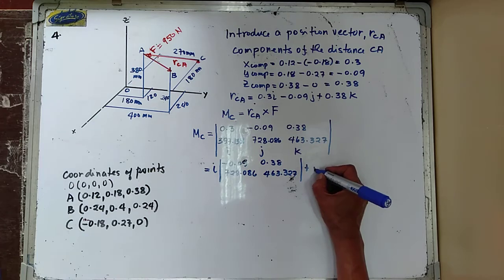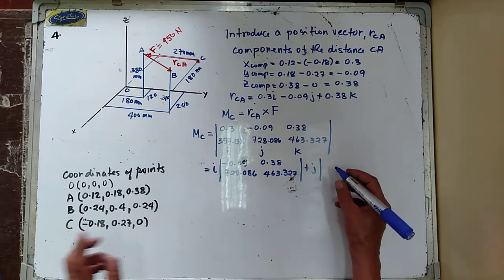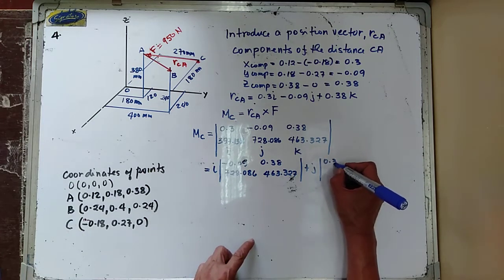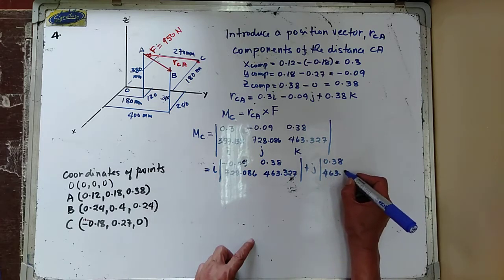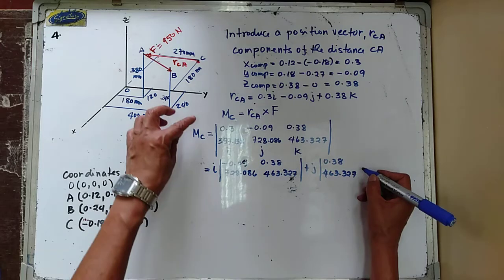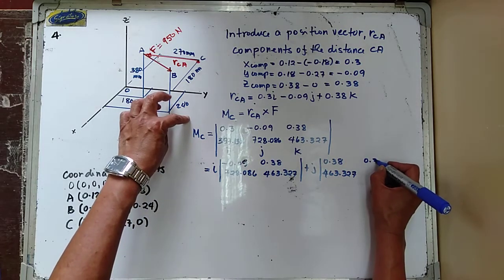Okay, plus J, this is 0.38, we have 463.327, that is 0.3.